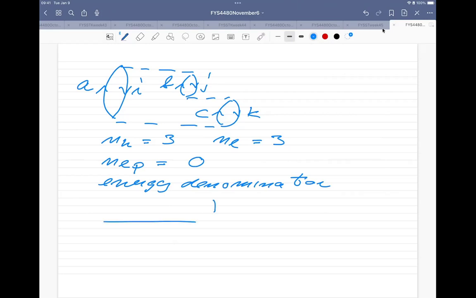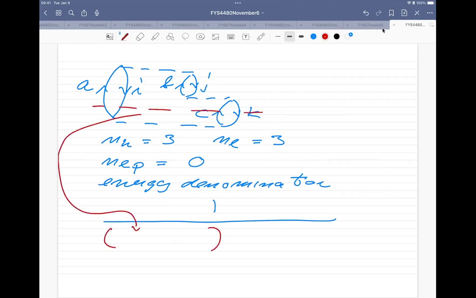If I start at the bottom, I would now have an energy denominator which is defined by the difference in the hole states I and K and particle states A and C. So the first denominator, this one, goes in here, and we write it like epsilon I plus epsilon K minus epsilon A minus epsilon C.